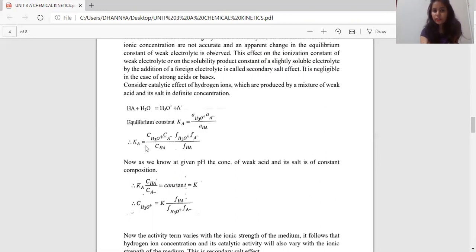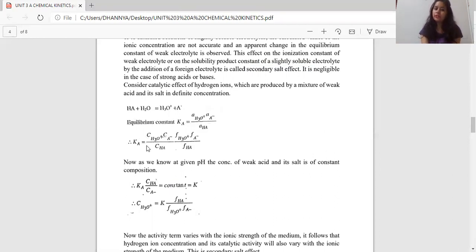So Ka can also be written in the form of concentration and activity coefficient: C of H3O plus into C of A minus, F of H3O plus into F of A minus, upon C of HA into F of HA. Now, I take C of H3O plus as the subject of the equation. Why?